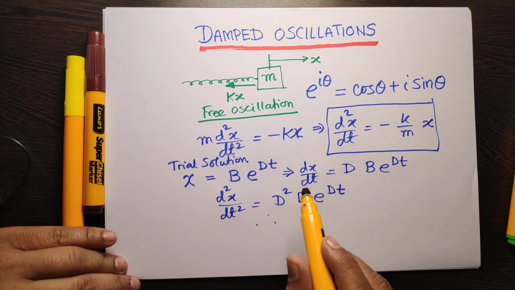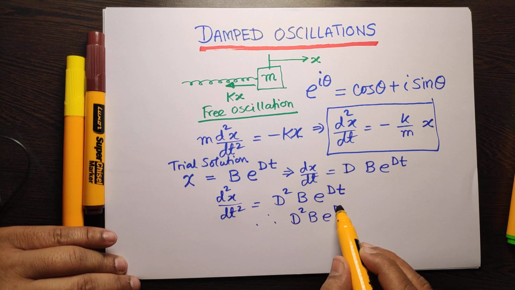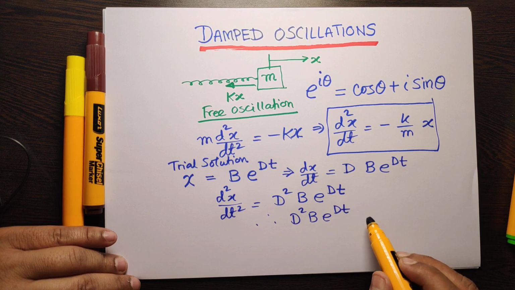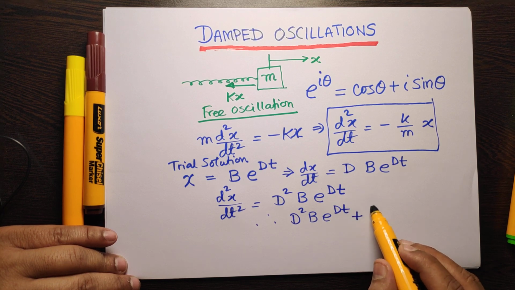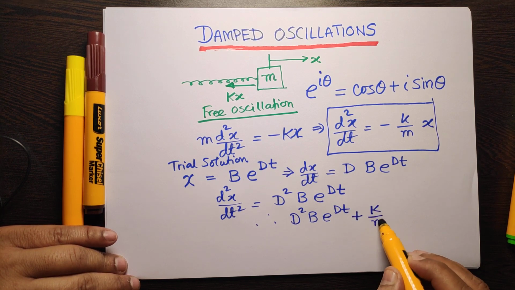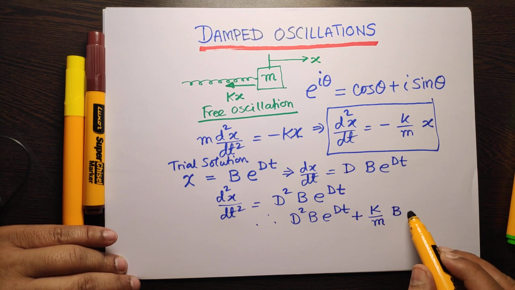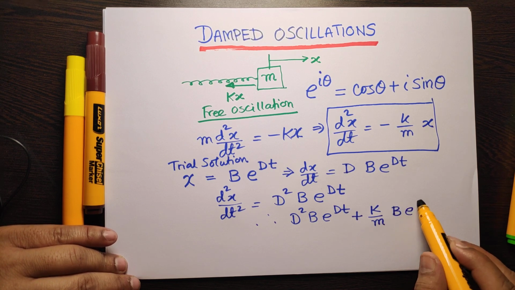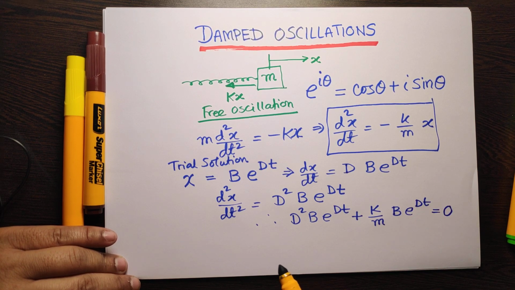Therefore the equation becomes d square b e to the power dt plus k by m times x, where x is b e to the power dt, equal to 0.